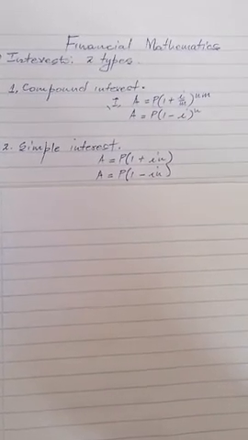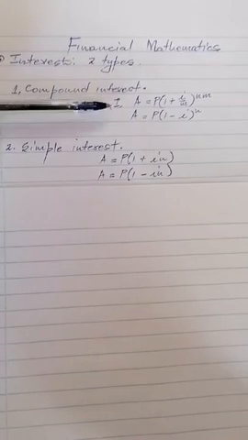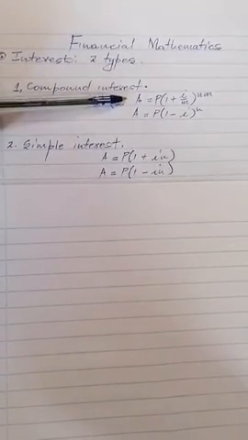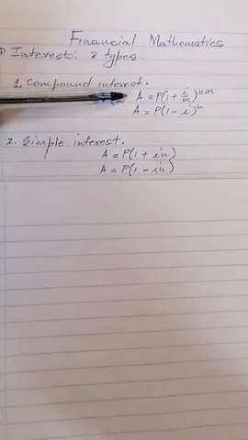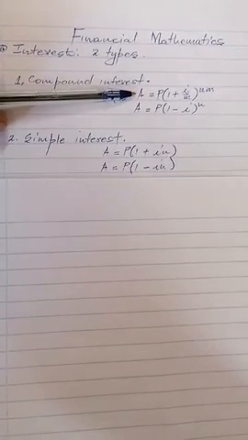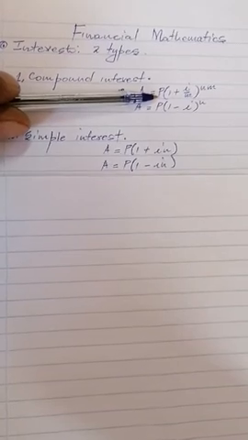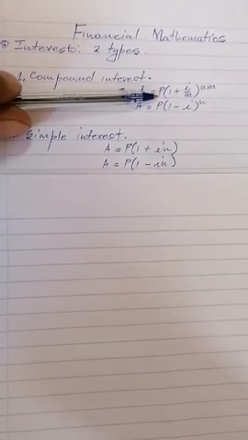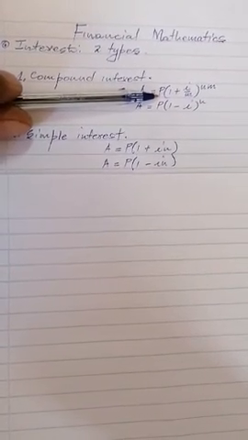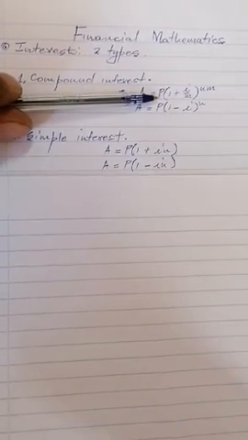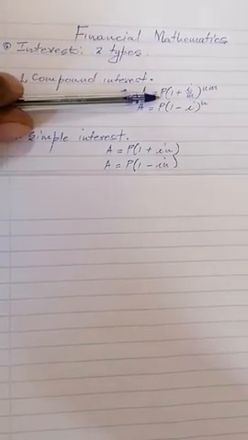It is the quoted rate. Why? Remember that in this one, your first month, the balance that you shall be having would be slightly greater than what you have actually invested or what you have actually borrowed.